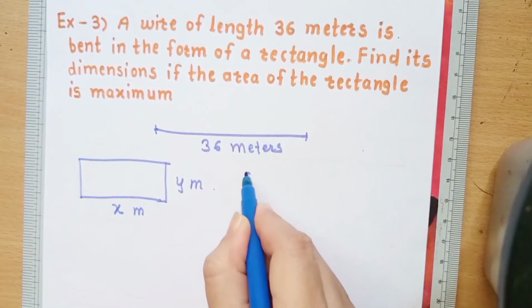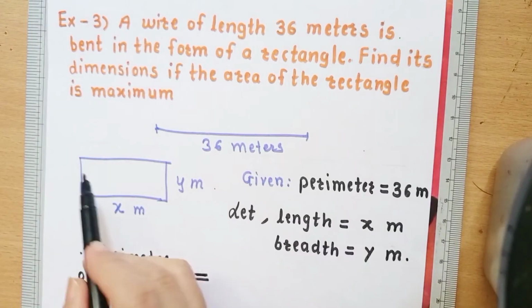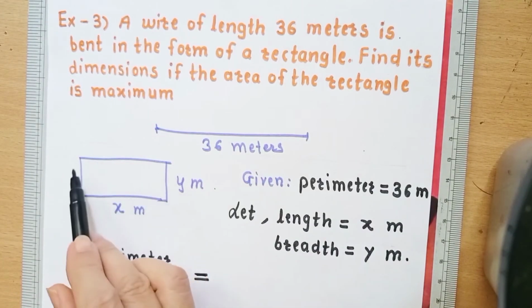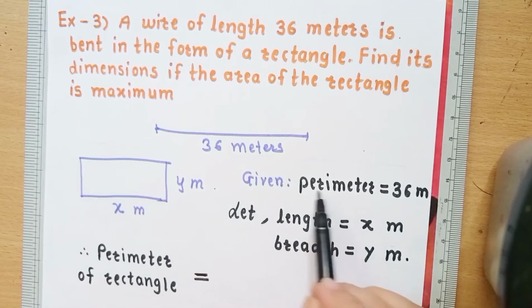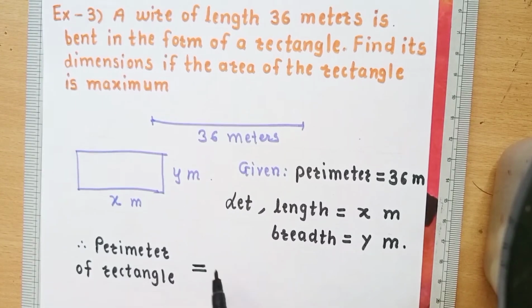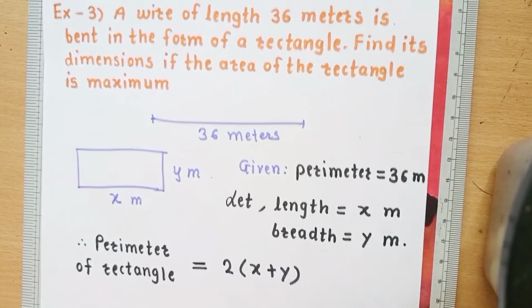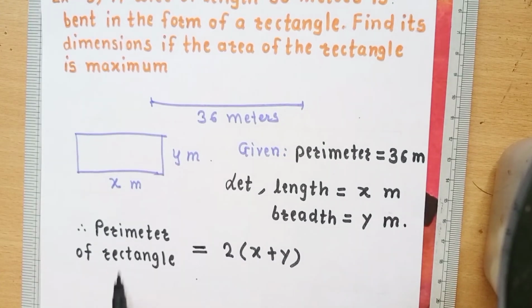So what is given here? The length of this wire is 36 meters, so the perimeter is equal to 36 meters. And we know the formula: perimeter of a rectangle is equal to 2 times (x plus y), that is length plus breadth. So 36 meters is given.